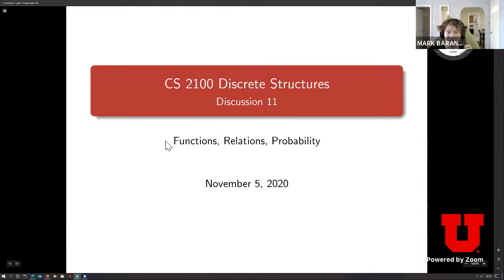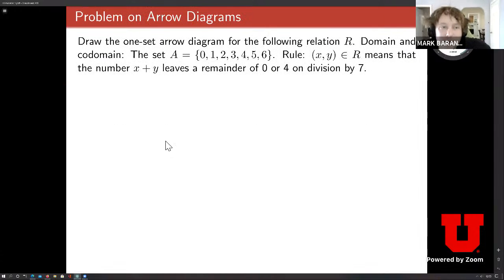So this one is functions and relations, which is more relevant to your quiz. On this one, we're going to be drawing the arrow diagram for the following relation R, where the domain and codomain is the set A equal to {0, 1, 2, 3, 4, 5, 6}. The rule is that x and y are in the relation if x plus y leaves a remainder of 0 or 4 upon division by 7.